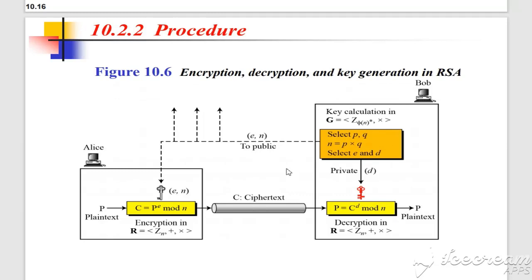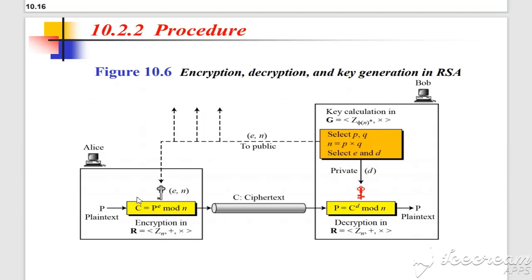So what is happening in this scenario: Alice gets these E and N, which are public. Using this E value, the public key, she encrypts the plain text, P to the power E mod N, and gets a ciphertext.